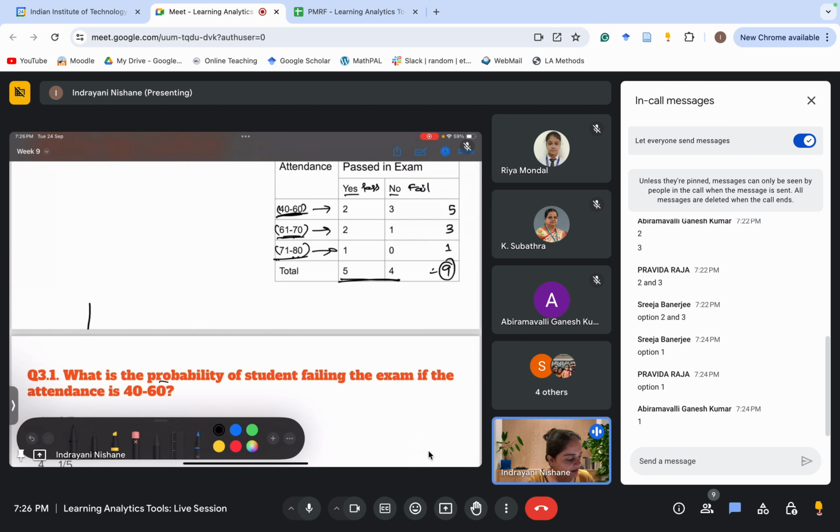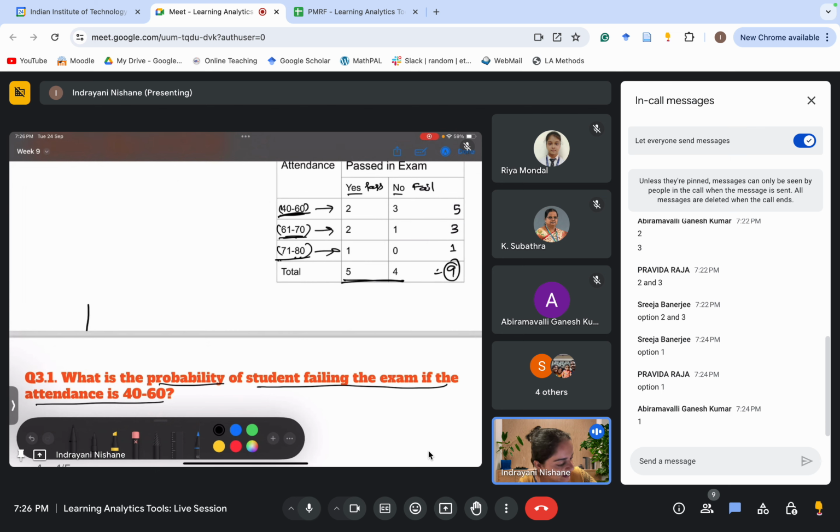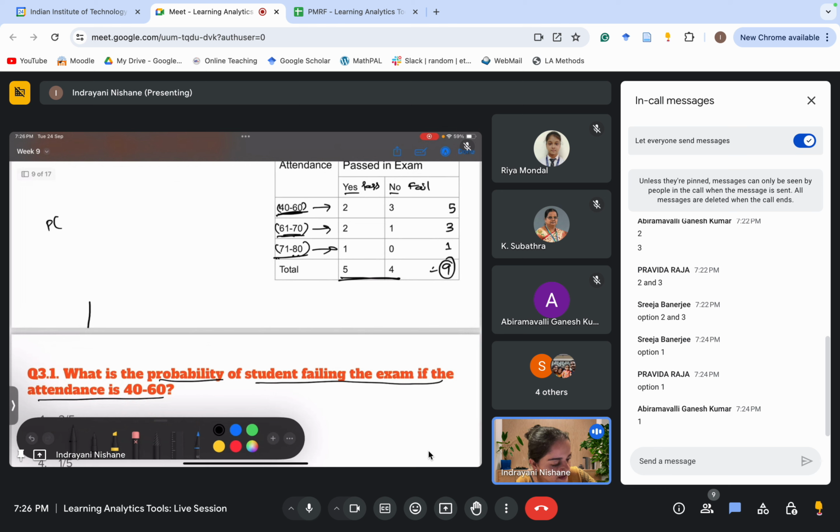What is the probability of a student failing the exam if attendance is 40 to 60? I will write down the Bayes probability formula. What is the probability of A if B has already occurred?